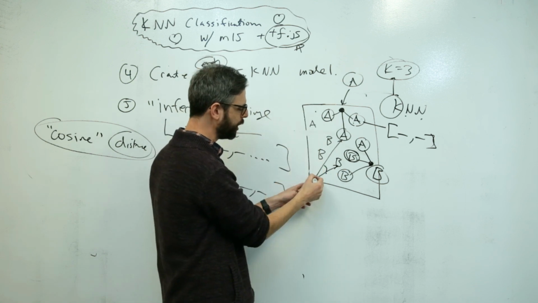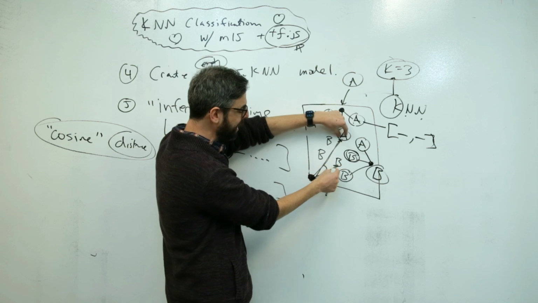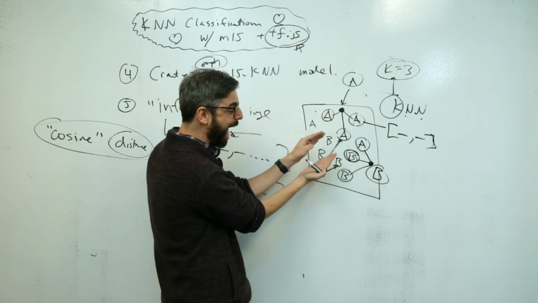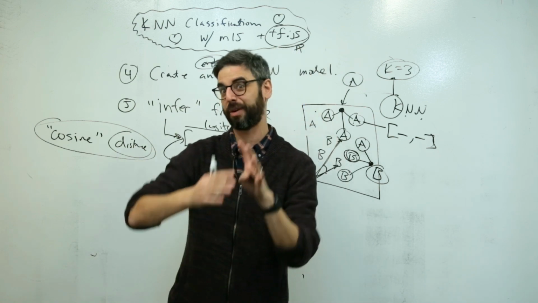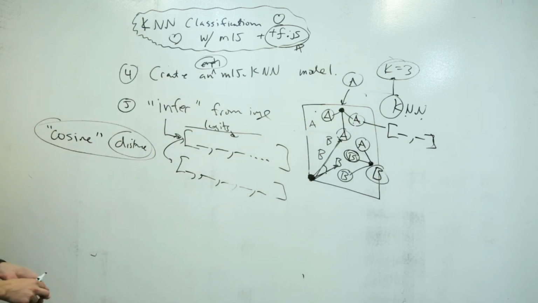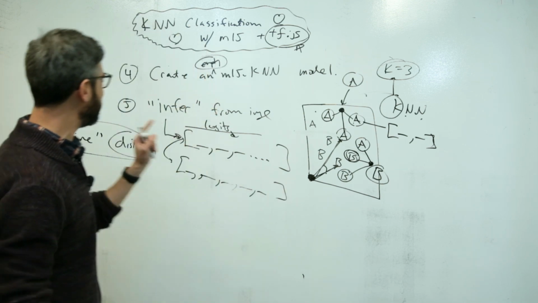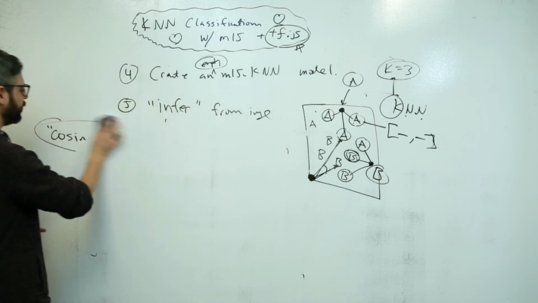If this is the origin, and I'm looking at these 2 points in 2D space, is there a small angle between them? That's kind of what cosine similarity is doing, but what's that sort of angle in a 1,000-dimensional space?